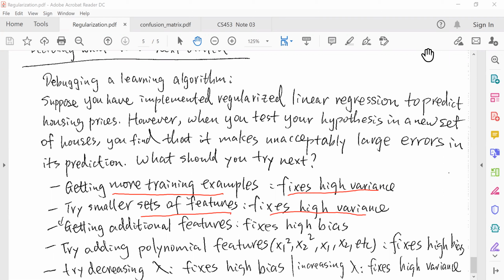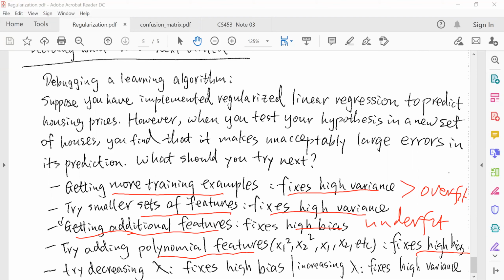So this is all regarding overfitting: you decrease the features. But for high bias, so underfit, you can add more features. Maybe you did not pick enough features. You can also try polynomial features, which can fix high bias.